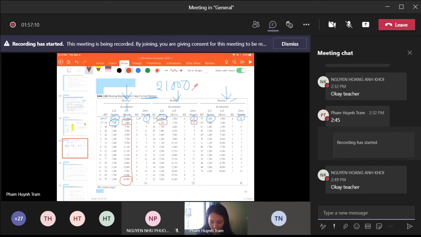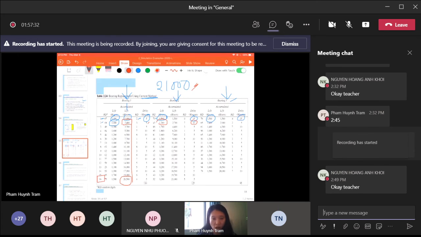All right. So I'm talking about bearing number one. After we simulated for about 21,000 hours, we see that we have used in total 16 bearings for bearing number one. Okay, 16.